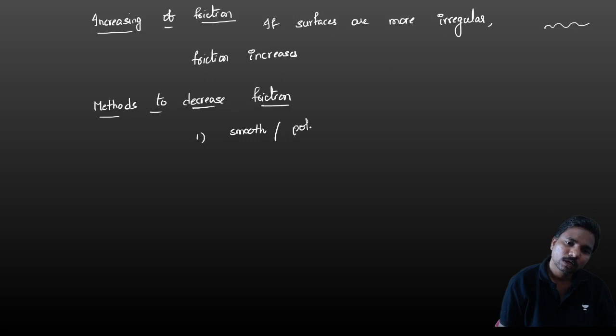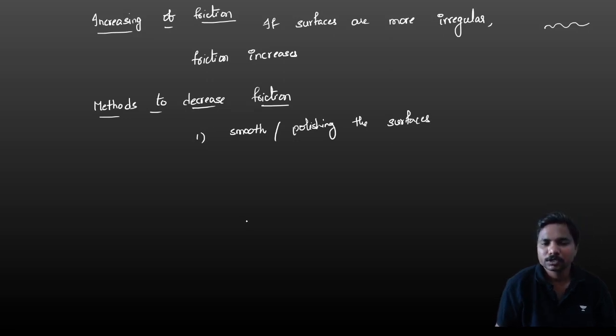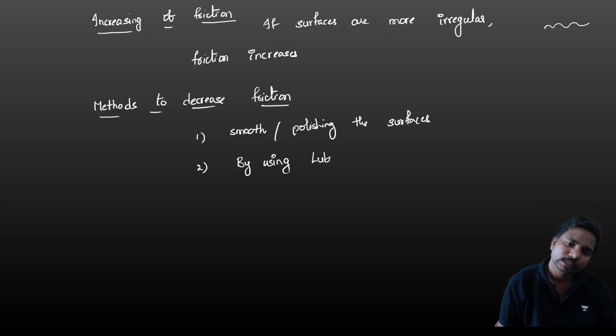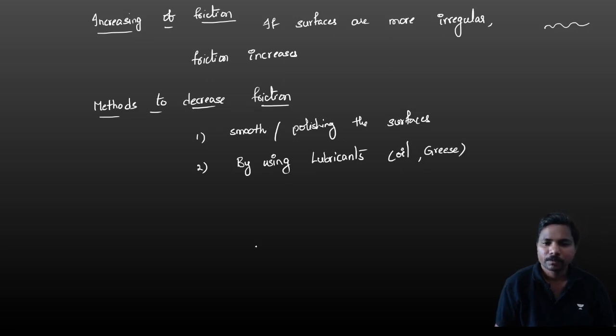Whenever the surfaces are smooth or polished, then we can reduce the friction. And by using lubricants. Lubricants are nothing but oils, grease. By using these also we can reduce the friction somewhat.